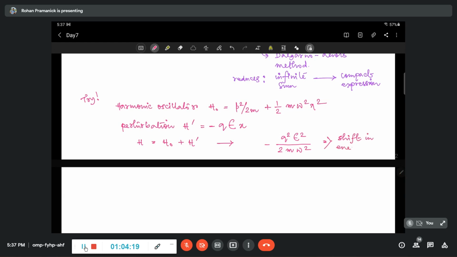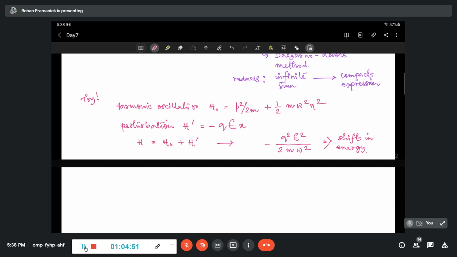in energy. And all of you know that the energy expression for the quantum harmonic oscillator is (n plus half) h cut omega. You have derived this expression, right? Yes, sir. So the main goal of doing this trick, by making a quadratic, is that we get an analytical form which is exactly correct: q squared epsilon squared by 2m omega squared.